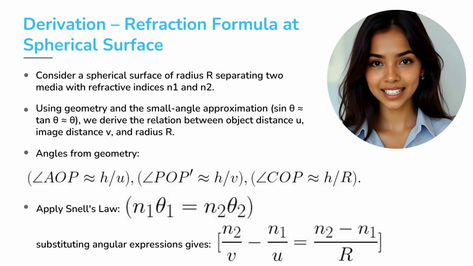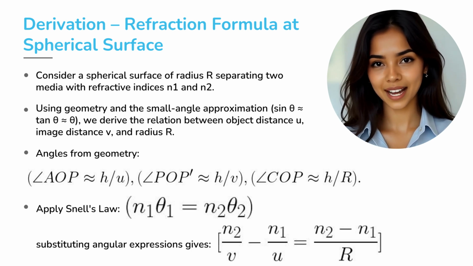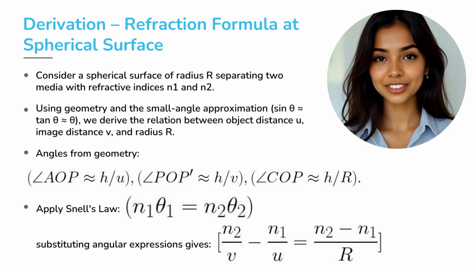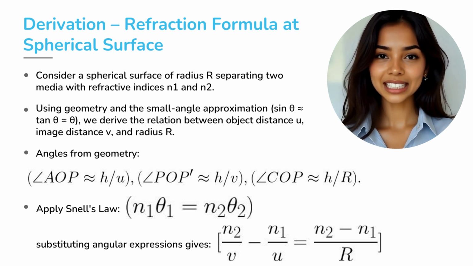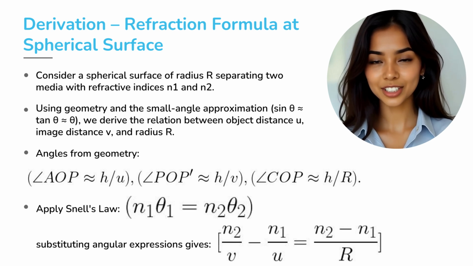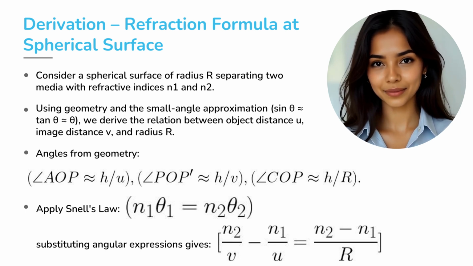The angles made at the object, the image, and the center of curvature can be expressed as small segments divided by their respective distances. Basically, we say angle AOP is roughly equal to height over object distance, h over u, and similarly, angle POP prime is h over v and angle COP is h over r.